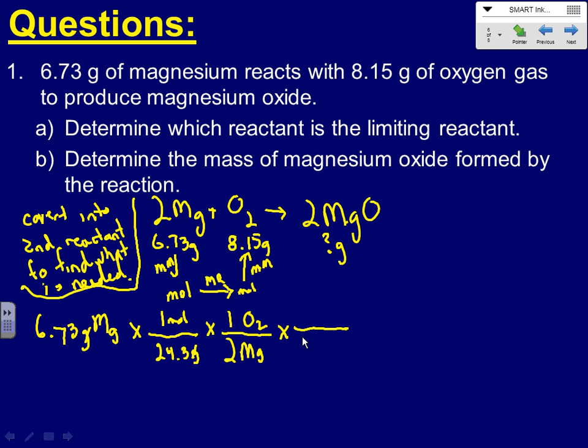What am I putting where? Careful, this is O2. It'd be 32 grams over 1 mole. And that's going to get me the amount of grams of O2.